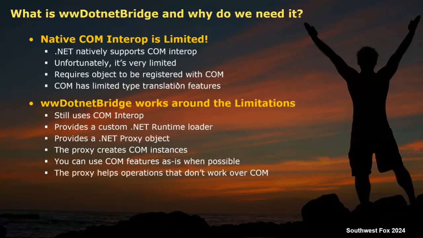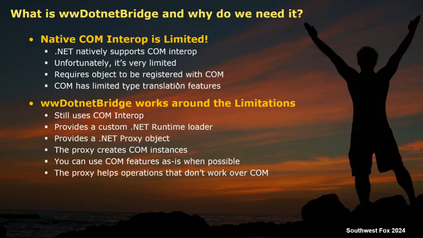So the most important thing that we do is we load assemblies, we create instances, and then for those types that don't work, there's indirect methods that can be executed from within .NET. So this is where the proxying comes in. If there's a type that is maybe a generic type, and I need to call a method on it over COM, that would just not work. With a direct COM call, if you want to call a method, it's just not going to work because COM cannot support generic types.